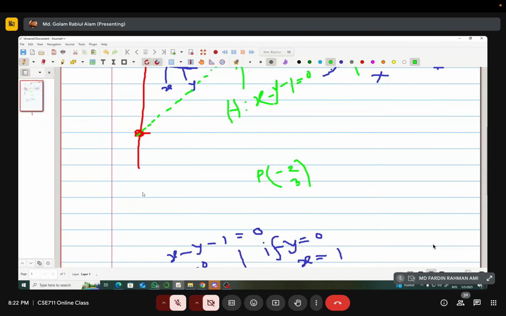For that, again, we will utilize the equation W transpose X plus B. If we put in the value of W, what's the value of W?